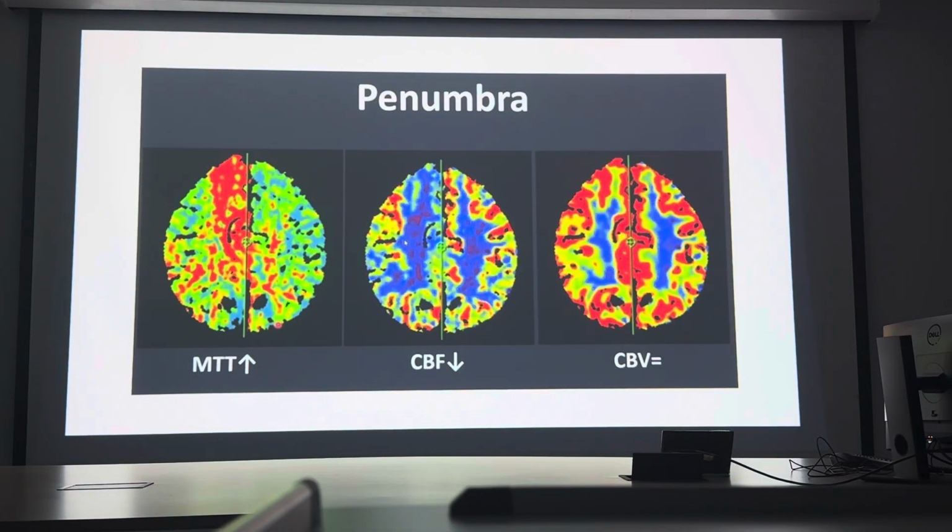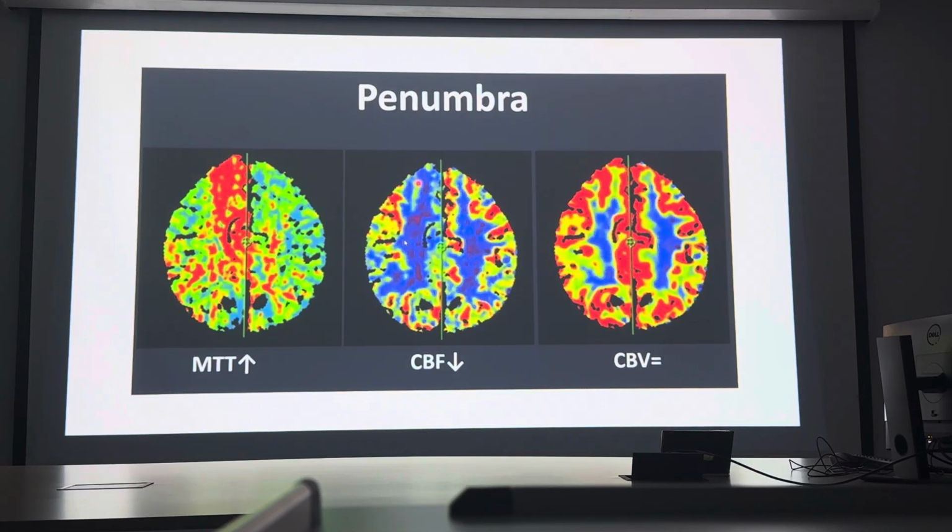Let's start with the time parameter. We have this area of abnormal color increase in the right frontal, frontoparietal, parasagittal region, extending to the level of the sagittal mid part of the brain and the posterior aspect of the parietal lobe. And this is the cerebral blood flow.